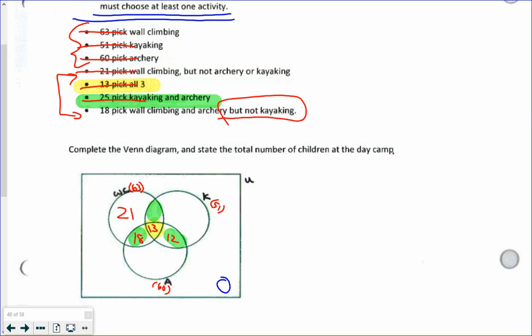So when it says complete the Venn diagram, that means it wants you to finish off filling it in. Okay? So where can I go to first? Well, the total for this circle is 63. So I could go 63 minus 21 minus 18 minus 13 to get this number right here, right? Because this circle has to be 63. So that's 11.